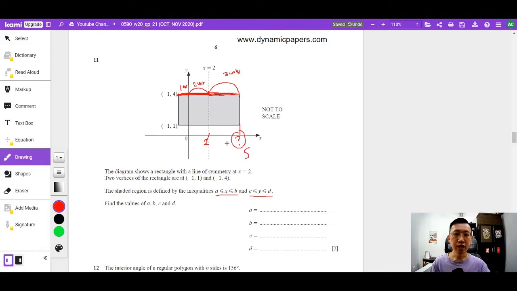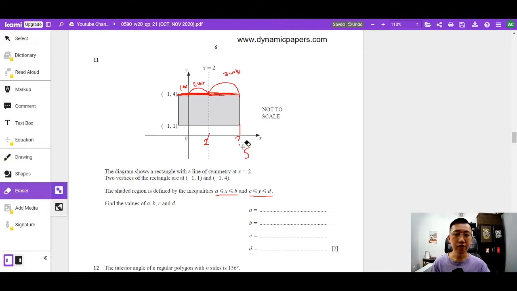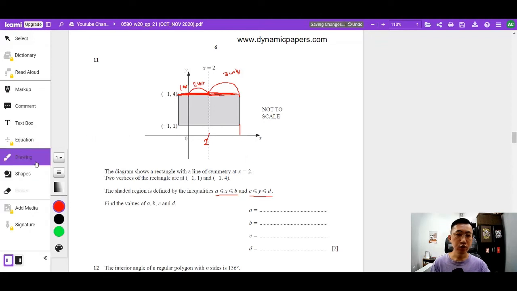The missing value over here is 5. So the region is bounded from -1 to 5. So a is -1, and the boundary to the bigger x-axis value, b, is 5.